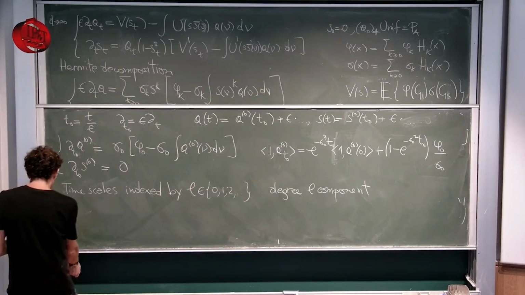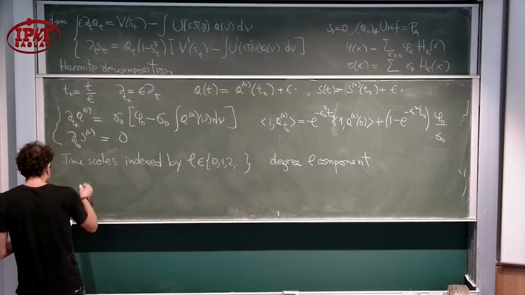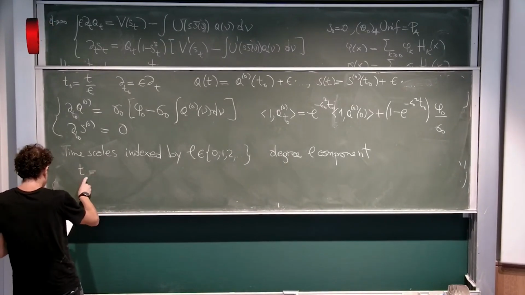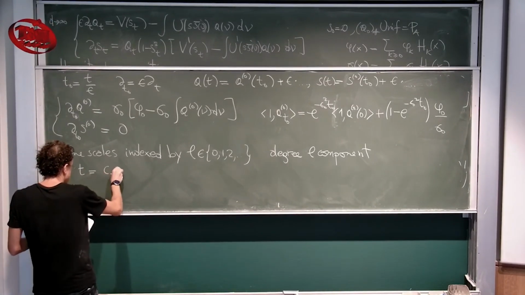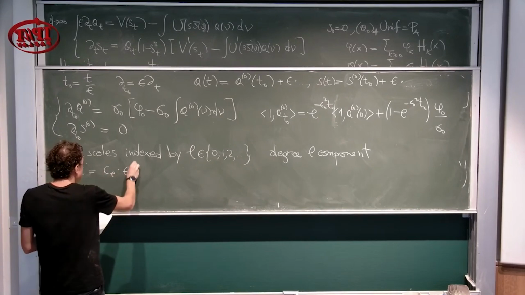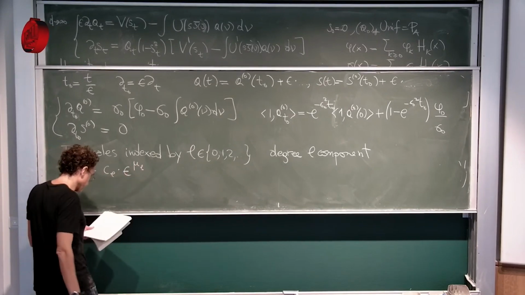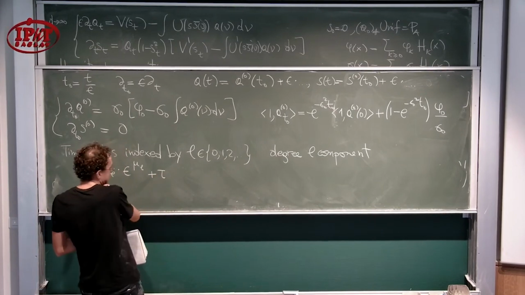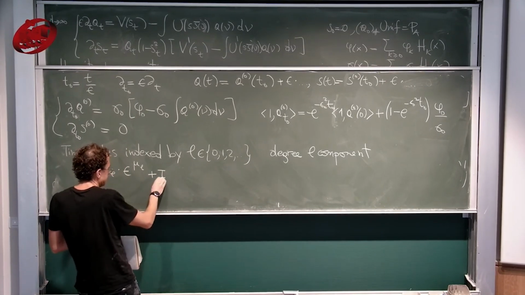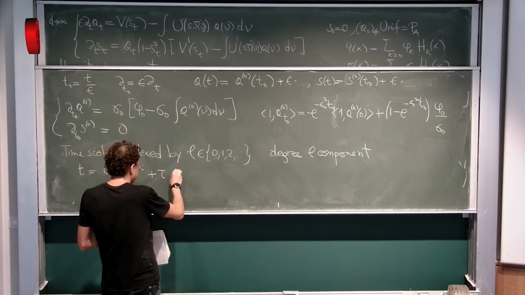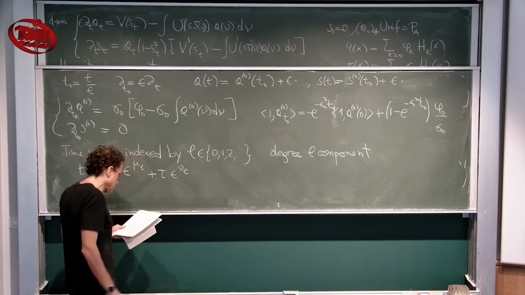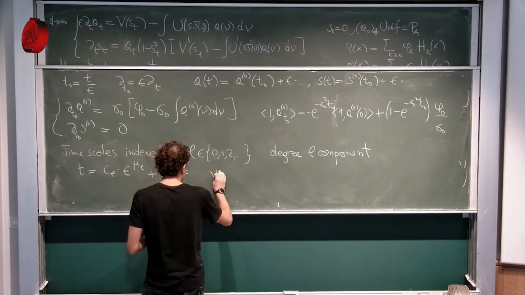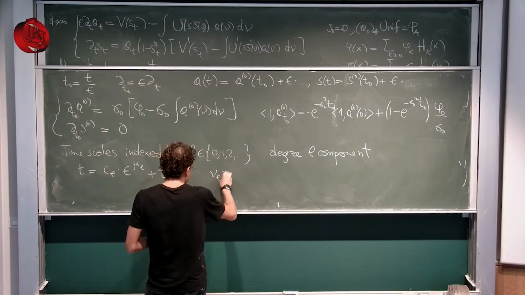The time scale or ansatz will be to redefine t to be a constant, a center U_L, plus tau. This is a constant, it's just a shift, and then there is a time parameter times epsilon to the mu_L, where mu_L is bigger than mu_{L-1}.